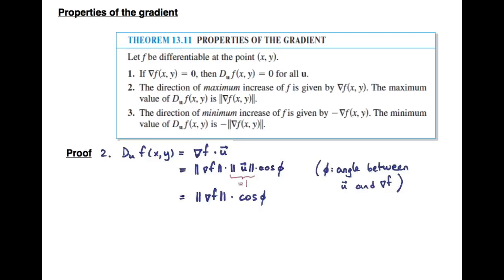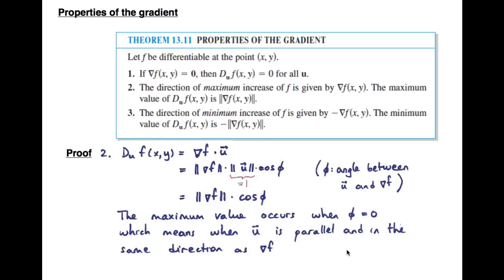So how can we choose u to get the greatest directional derivative? We want cosine phi to be as large as possible, and that will happen when phi equals 0. The maximum value occurs when phi equals 0, which means the maximum directional derivative will happen when we choose a vector u that is parallel and in the same direction as the gradient.